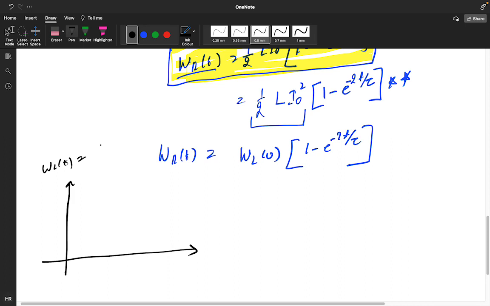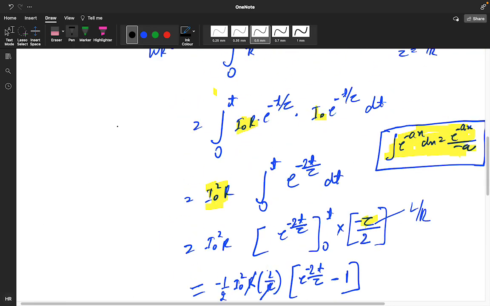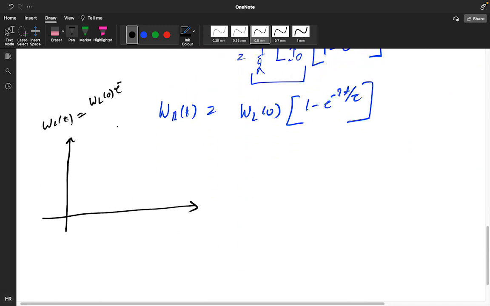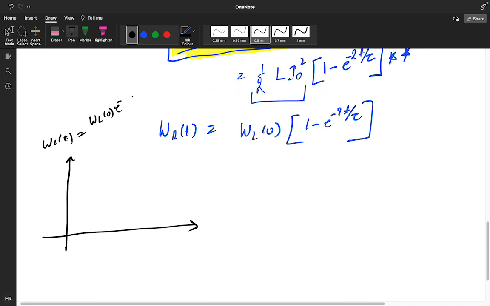The value we got is WL0 e power minus 2t by tau. So if you substitute the value with respect to time, at t equals 0 we get WL of 0, and it will decrease like this. At infinity, it will become 0.